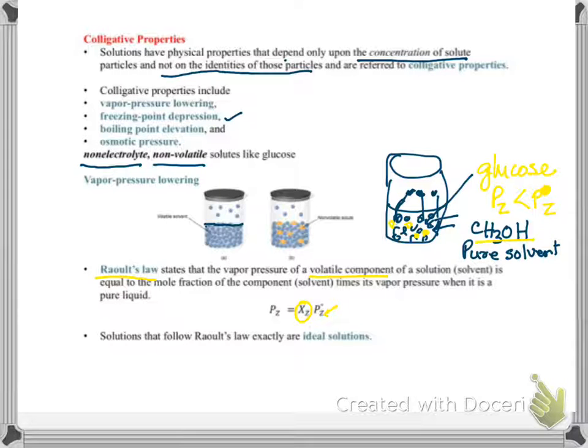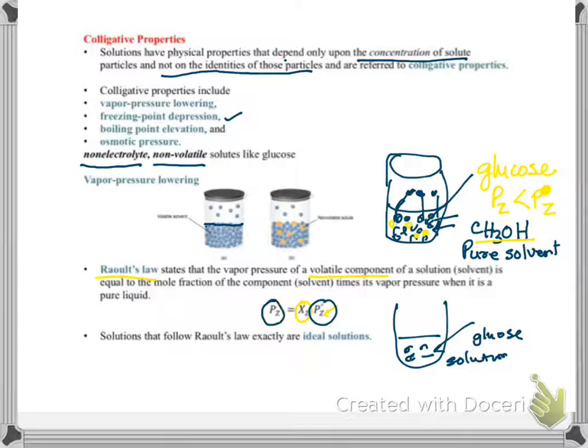So again, let's say I have methanol as the pure solvent, then it has some vapor pressure, that is the pure. Then I added some solute, glucose. Now it is a solution, and there is a vapor pressure of the solution.